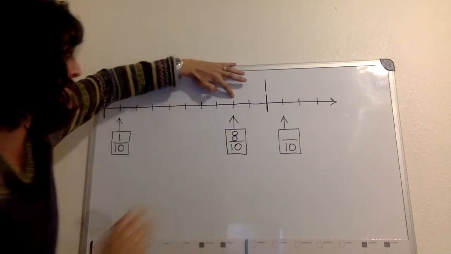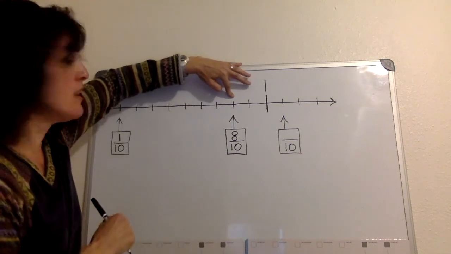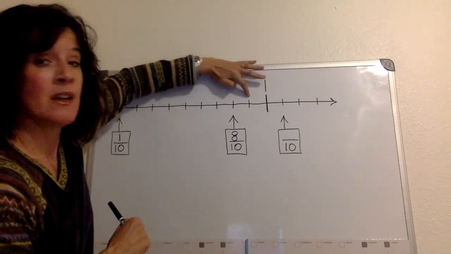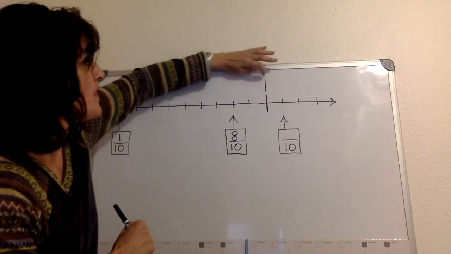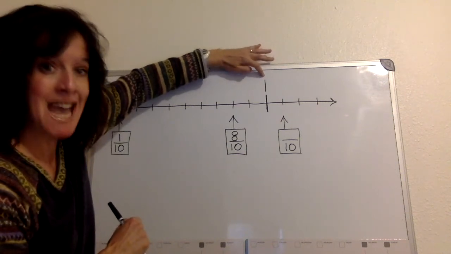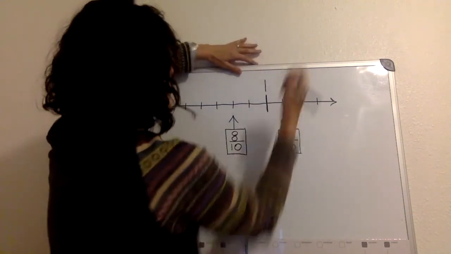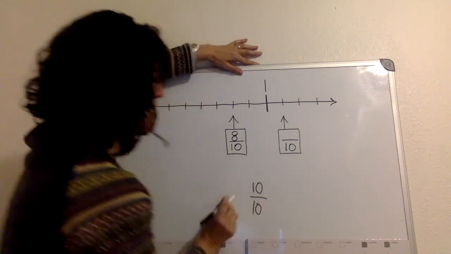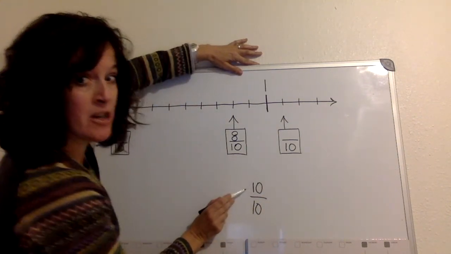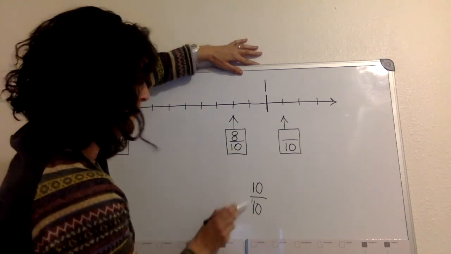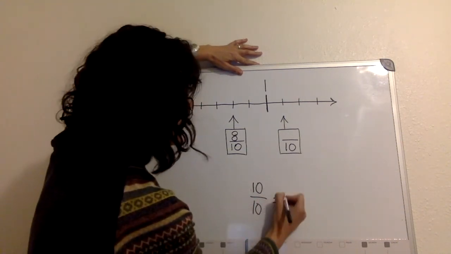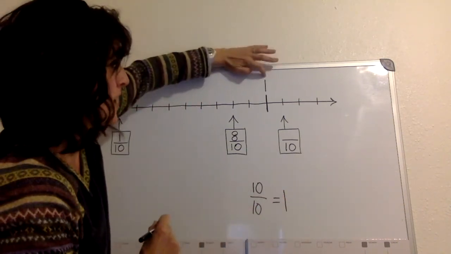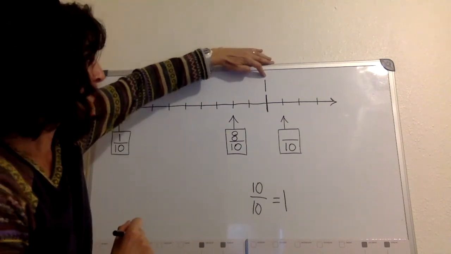All right. Let's keep going. This would be 9/10. This right here is 10/10. Remember we said if we have a fraction, the same number in the numerator and the denominator, then that fraction is equal to 1. Sure enough, we're at 1.